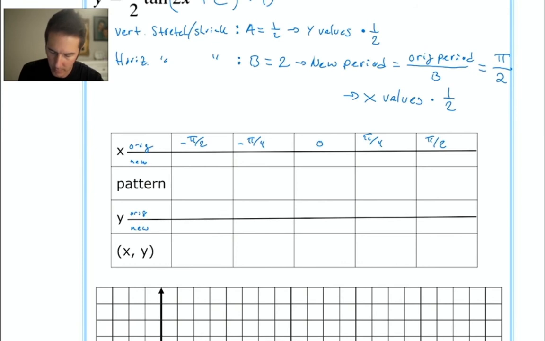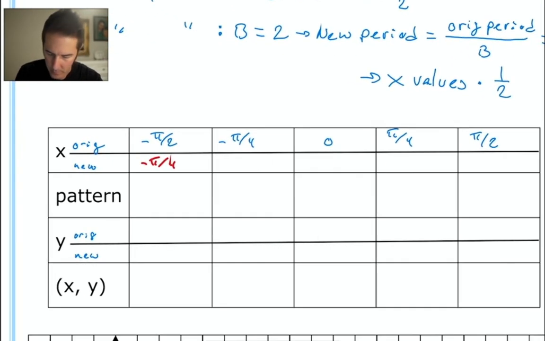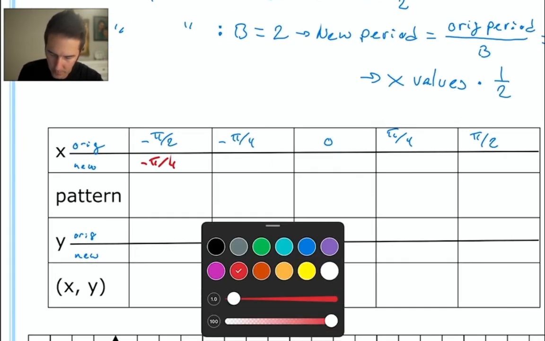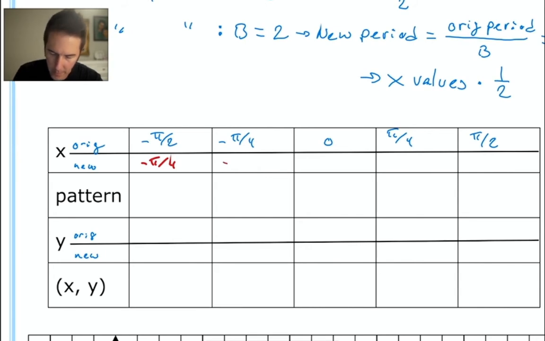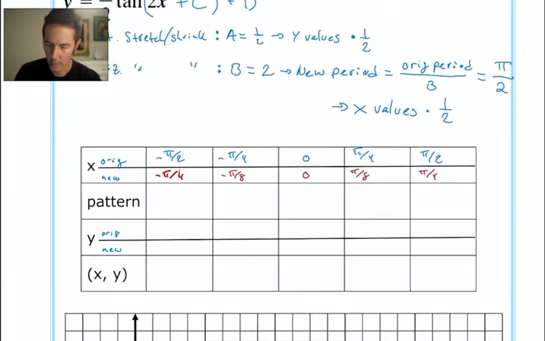So let's put in, I'm going to switch colors, -π/2 times 1/2 makes -π/4. And then -π/8 is half of π/4. And this is still 0, +π/8, and then multiply that +π/2 times 1/2, and we get +π/4. So those are the new x coordinates that we're going to plot.